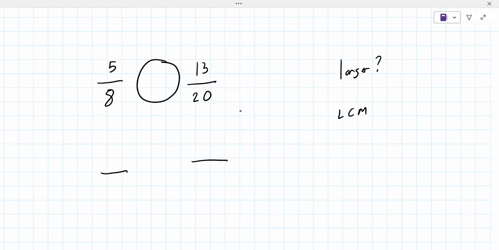Let me just do that really quickly. Okay, so would the denominator be 40?